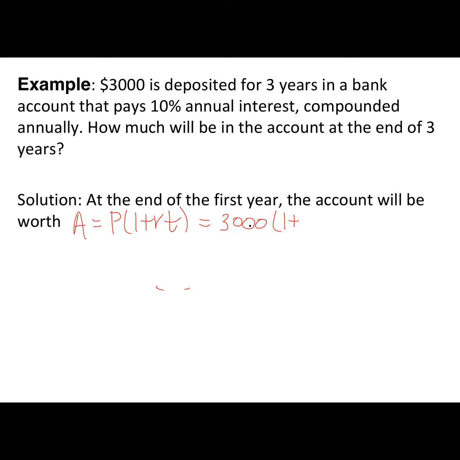My rate was 10%, so 0.10, and my time has been a year, so I'm going to put a 1 here. And that gives me $3,300.